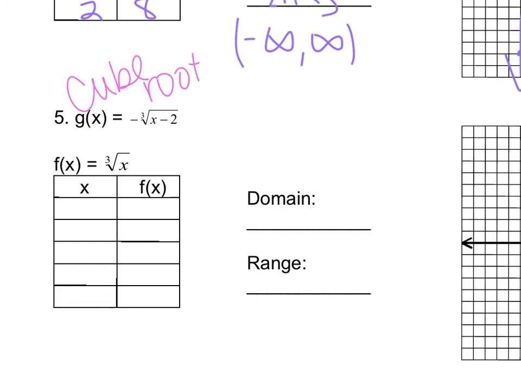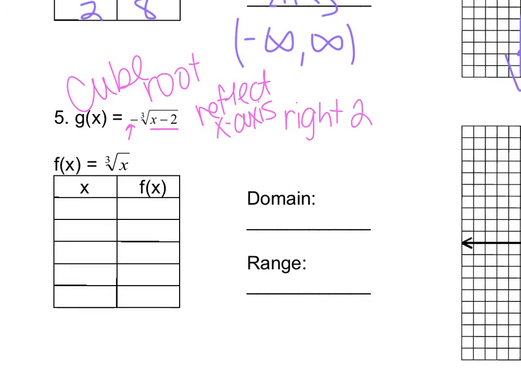Your transformations, there's a negative in front, which is a reflection over the x-axis. And then underneath the radical is just like the square root when we were doing that. And it's also just like being inside parentheses. If it's under the radical, it's a horizontal shift. Since it says x minus 2, that means you're going to be going to the right 2.